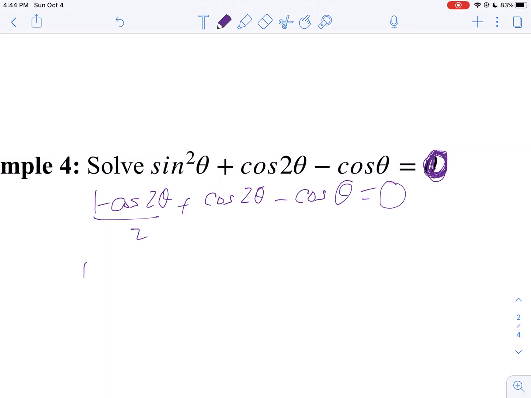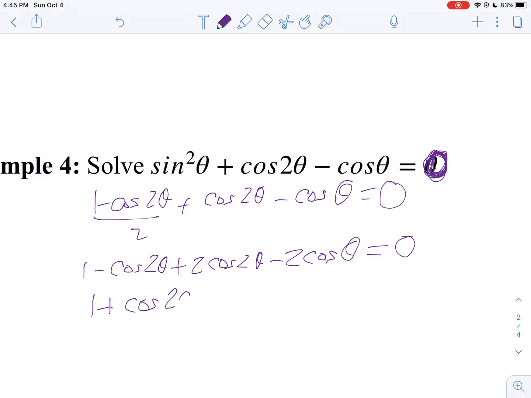So I'm going to have 1 minus cosine 2 theta plus 2 cosine 2 theta minus 2 cosine theta, and that's going to equal 0. Well, we can simplify that a little bit, can't we? So we're going to get 1 plus cosine 2 theta minus 2 cosine theta equals 0.